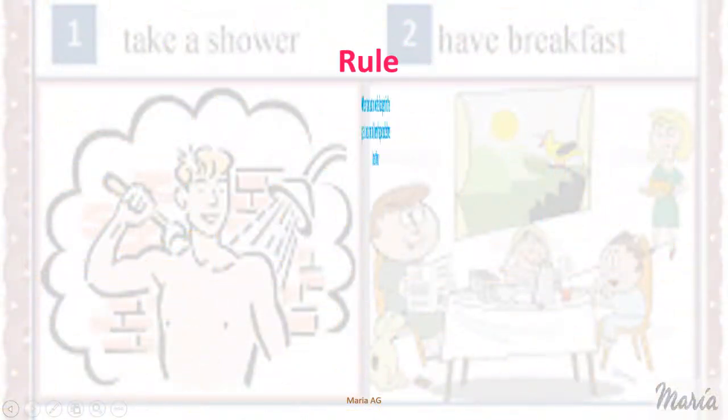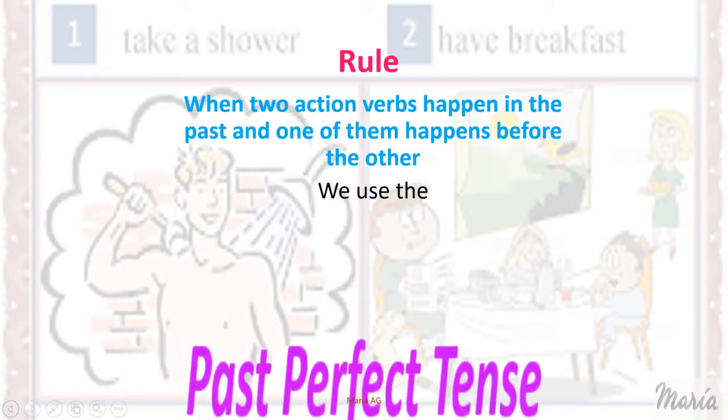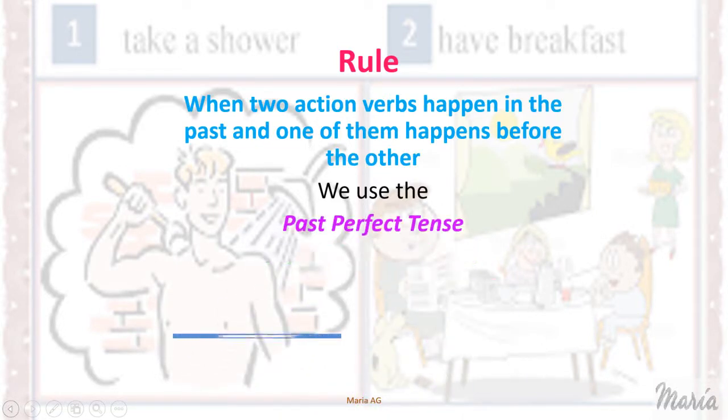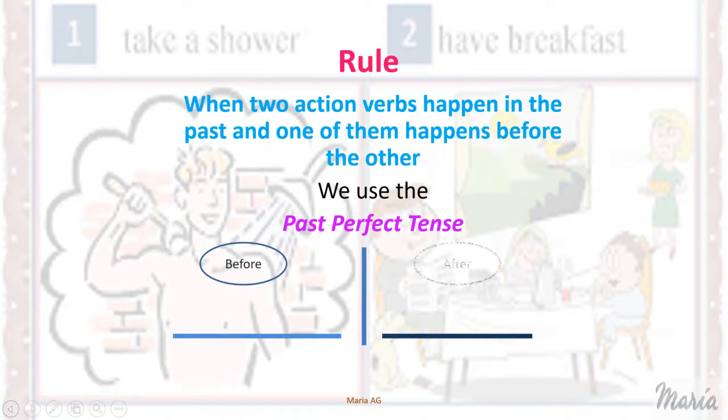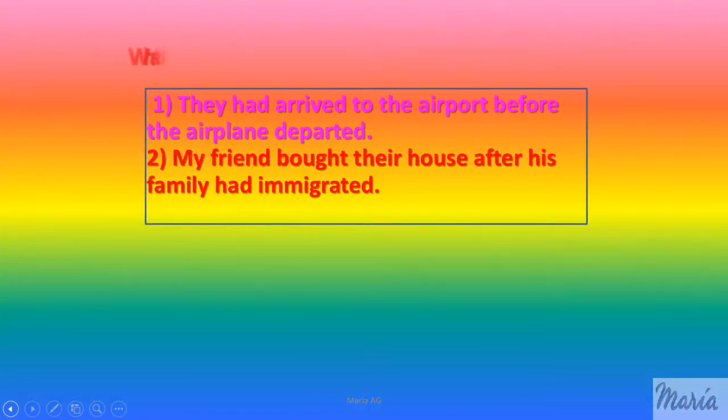The rule says, when two action verbs happen in the past and one of them happens before the other, we use the past perfect tense. What is the form of the past perfect tense?